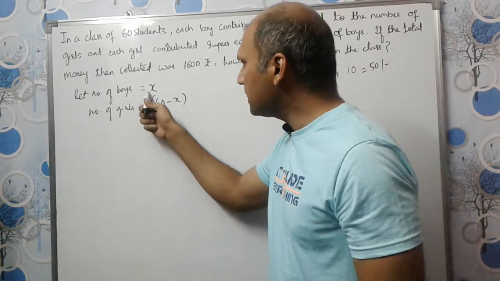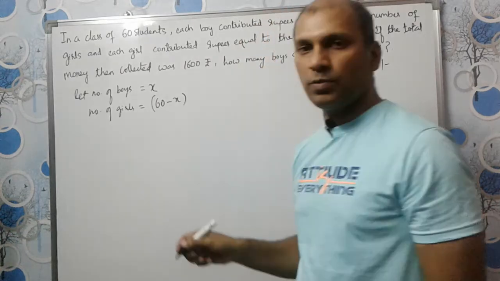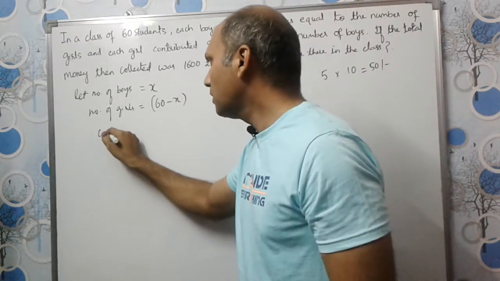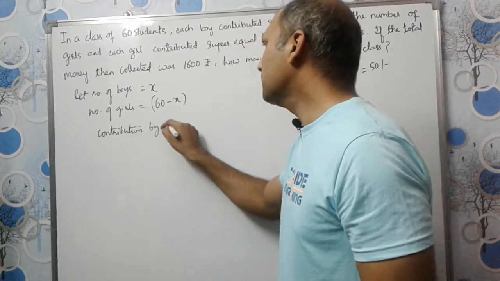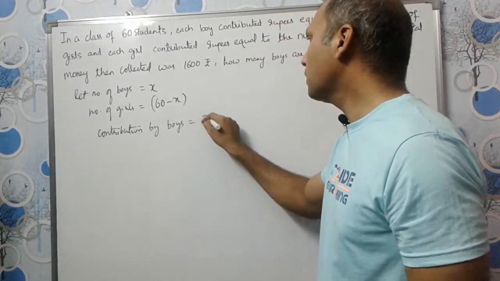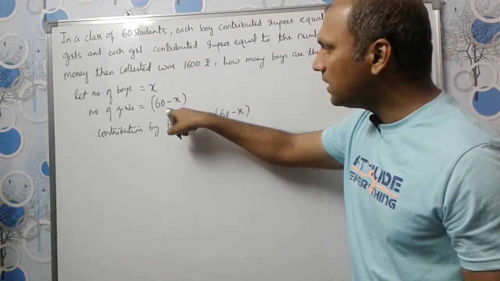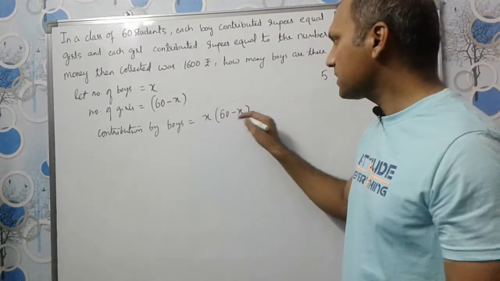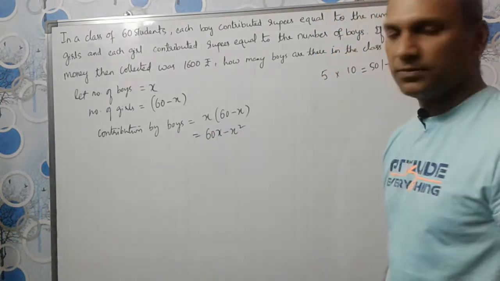So the number of boys is x and each boy contributed 60 minus x rupees. So the contribution by the boys will be x multiplied by 60 minus x. This will be 60x minus x square, right?